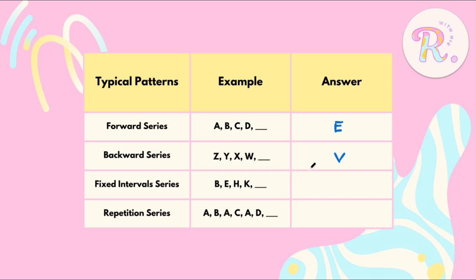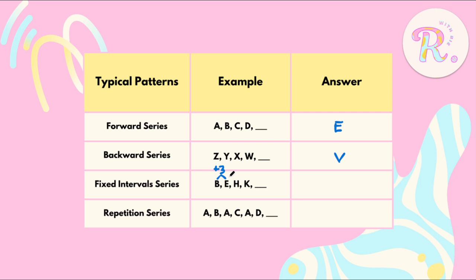Okay, we also have your fixed interval series. Ito yung pinaka parang arithmetic lang talaga. A fixed number of intervals or difference between the letters. Example, ito yung B, E, H, K. So from B to E, that's like 3 places to the right or plus 3, right?